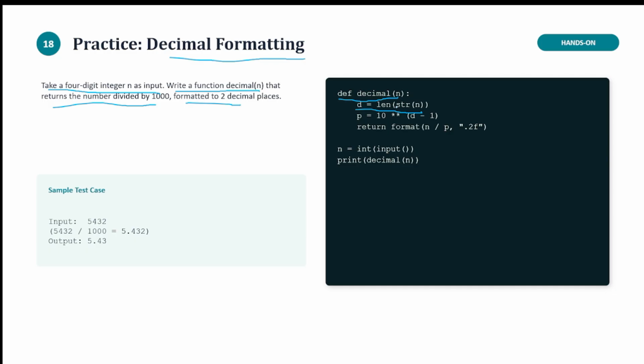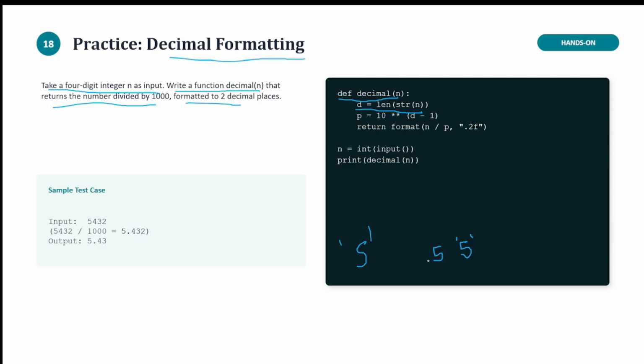Str creates n in string format, meaning that if the number was 5, it becomes a string type, string 5, which is represented like this.